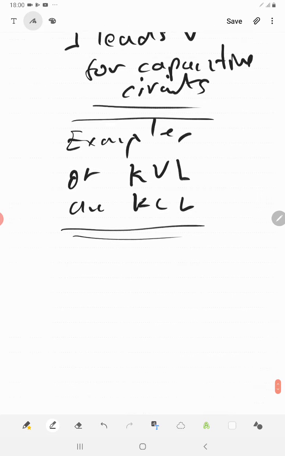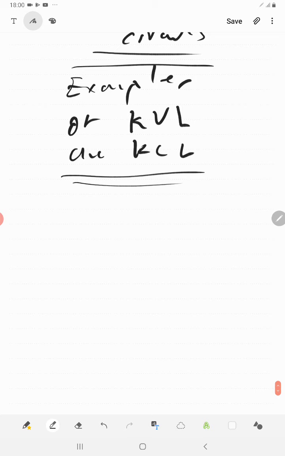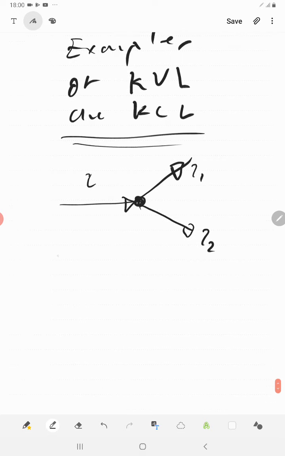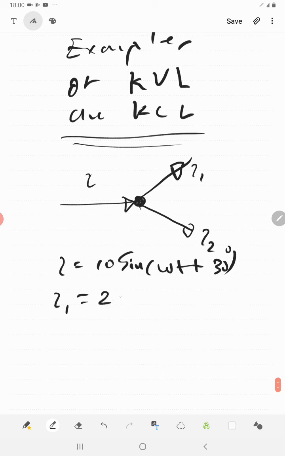For example, let's assume that you have currents I1, I2, and here you have I. I1 is known, and this is the direction. Let's say I equals 10 sine omega t plus 30 degrees, while I1 is equal to 2 sine omega t minus, let's say, 10 degrees.